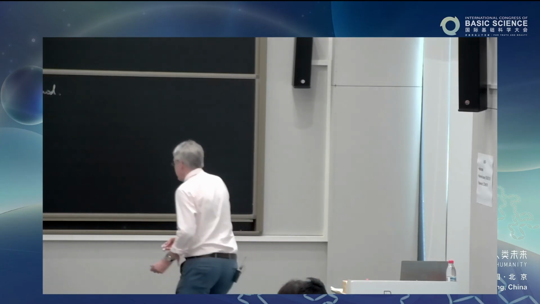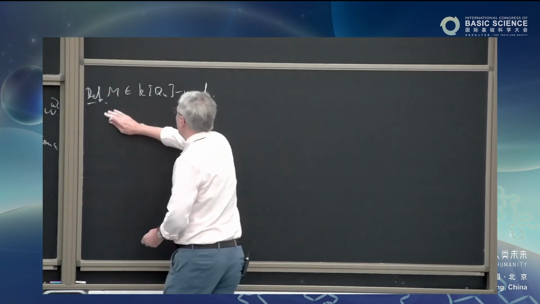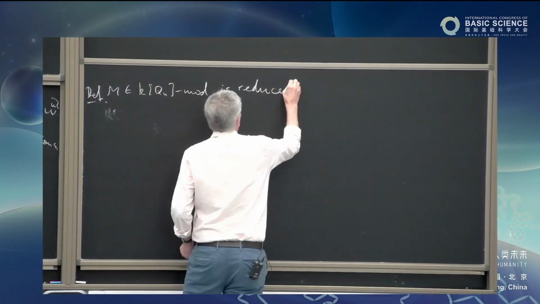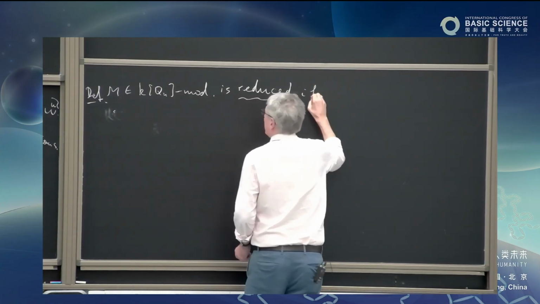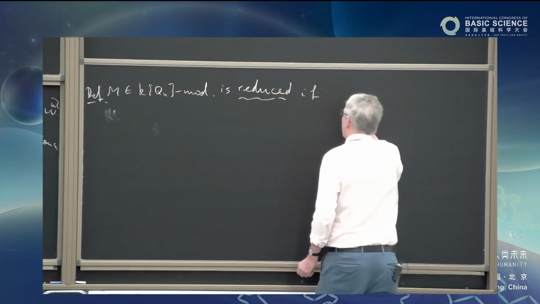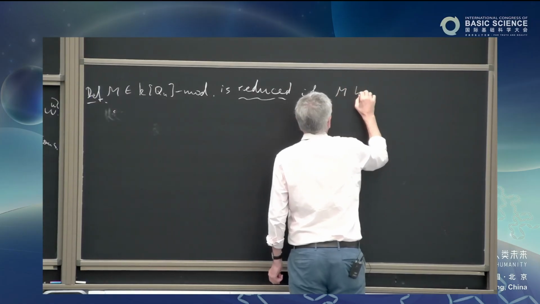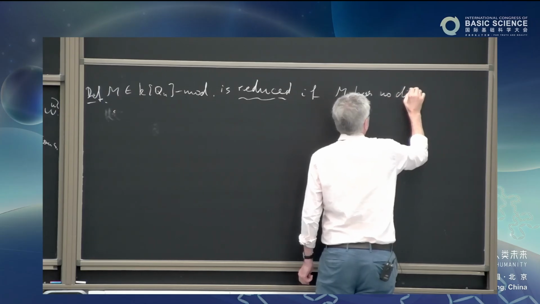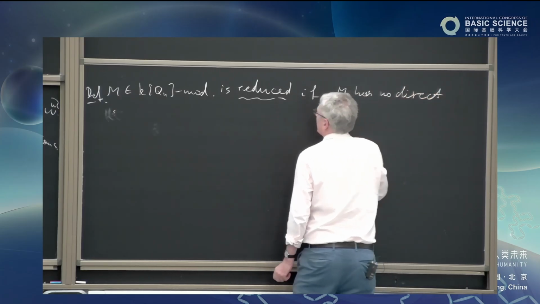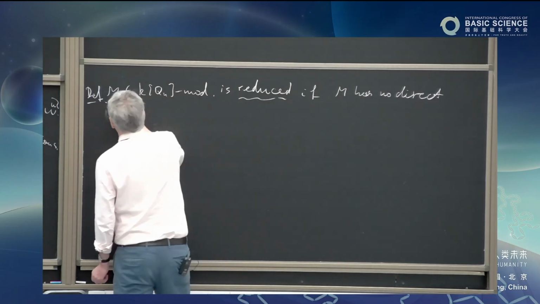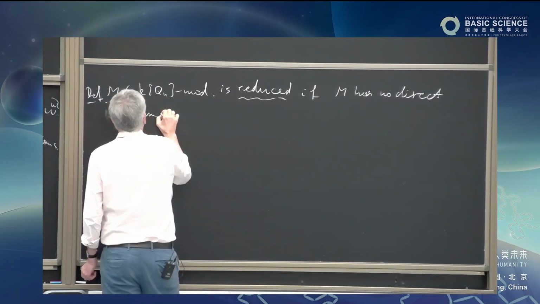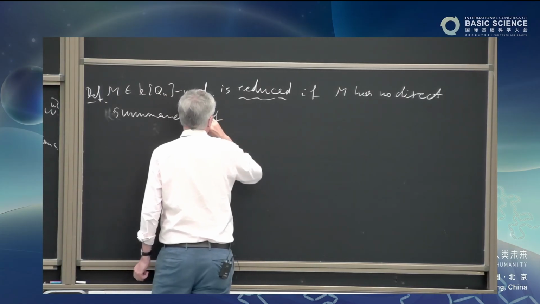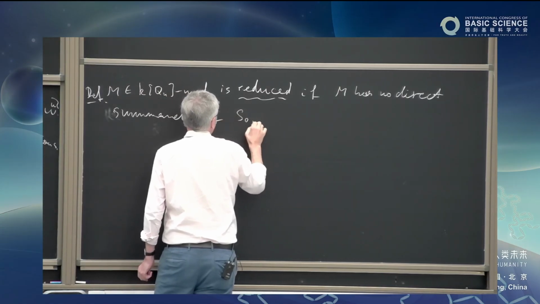Reduced, okay, reduced. M is reduced if M has no direct summands of simple modules, which are S0 and S1.